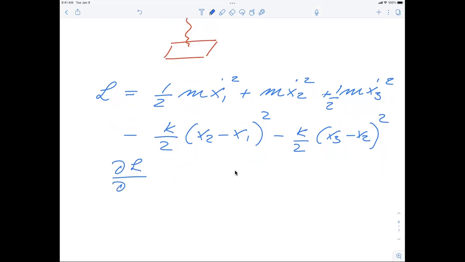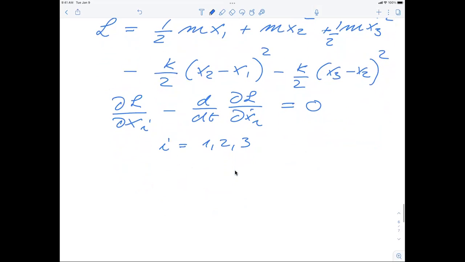We would need dL/dxi minus d/dt of dL/dxi-dot, and this is equal to 0, where this i takes the values 1, 2, and 3.